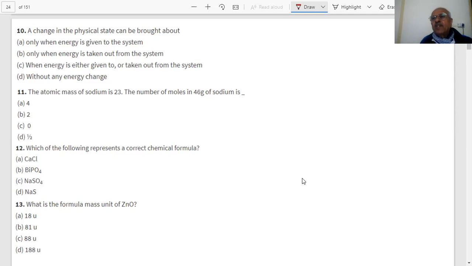If you convert solid to liquid or liquid to gas or gas to liquid or liquid to solid, then what happens, students? Sir, C part will be the answer. Yes, energy is either given to or taken out from the system, that is the correct answer. Absolutely, you can convert ice into water and water can be converted into ice. So if you take heat from water, ice, if you give heat, ice to water. That is the correct answer, student.